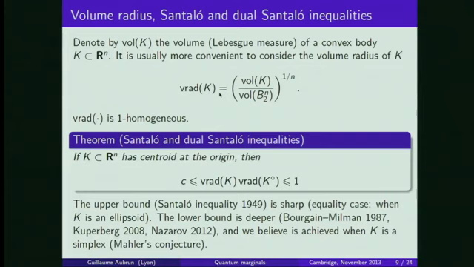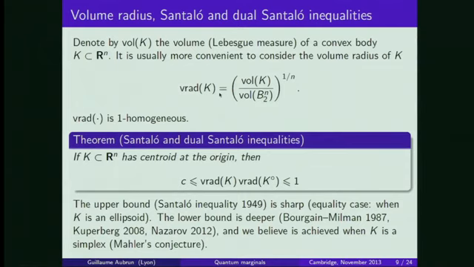It could be of the order of a constant, but it's a remarkable fact that there is a couple of inequalities which hold as a lower and upper bound on this volume product, which are uniform with respect to dimension.